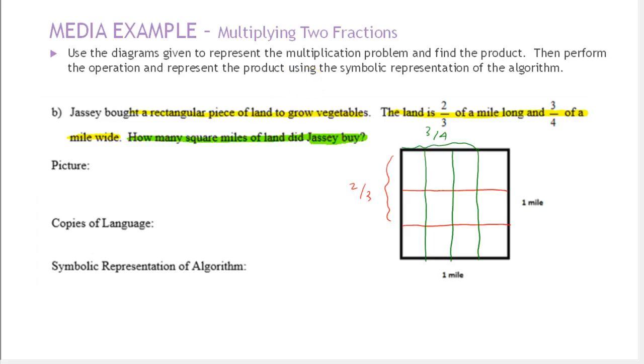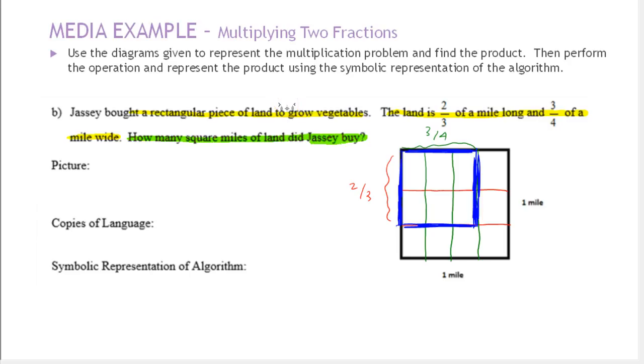So now let's use a blue pen to highlight his piece of land. So the question is, what fraction of 1 square mile is this piece right here? Okay.